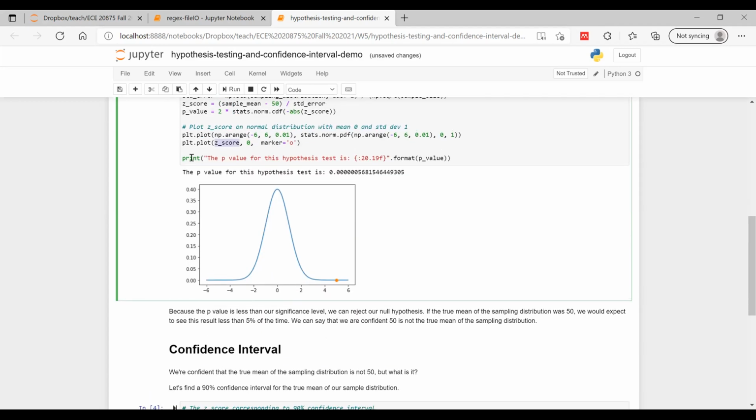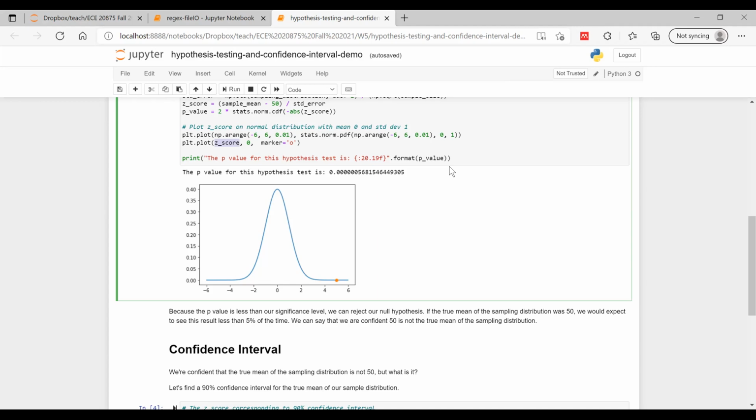So then we will say, okay, the p-value for this hypothesis is this, and this is some kind of string formatting. I think I mentioned this probably during some early lecture. And then this will be the output. You can see the p-value is this tiny. So this will indicate it's in a rejection region.